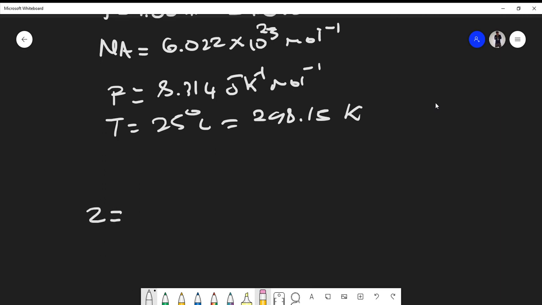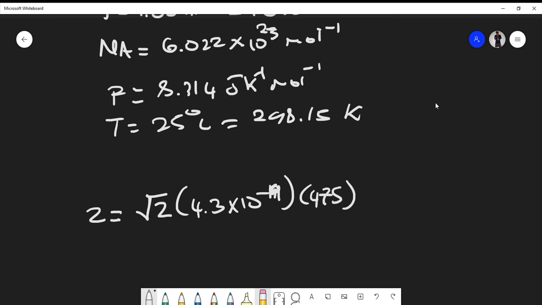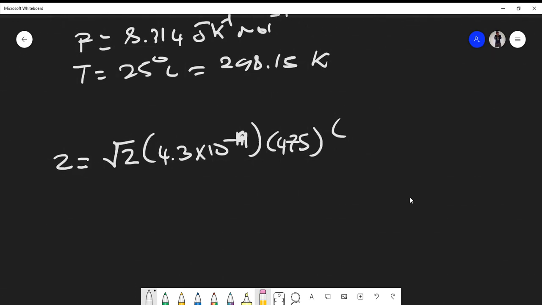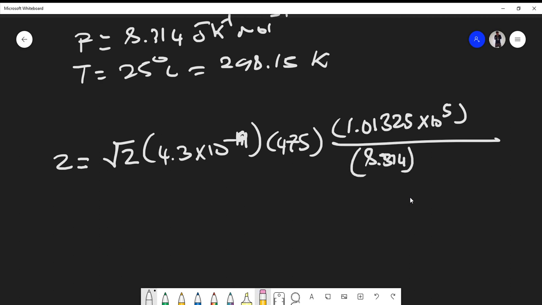So essentially, if we use our formula for Z, we get the square root of 2 times 4.3 times 10 to the negative 19, multiplied by 475. And then we multiply this whole equation by our pressure, which is 1.01325 times 10 to the 5th Pascal, divided by 8.314 times the temperature, 298.15.